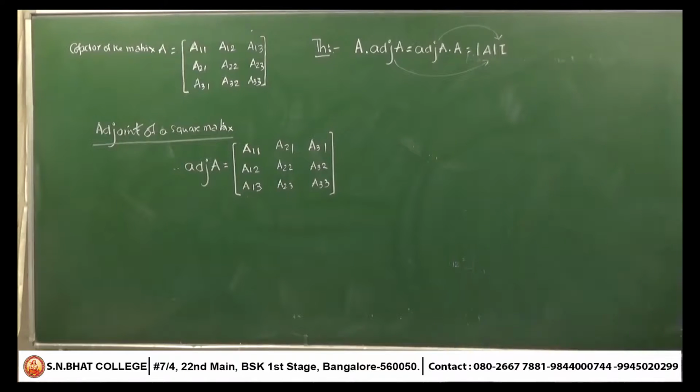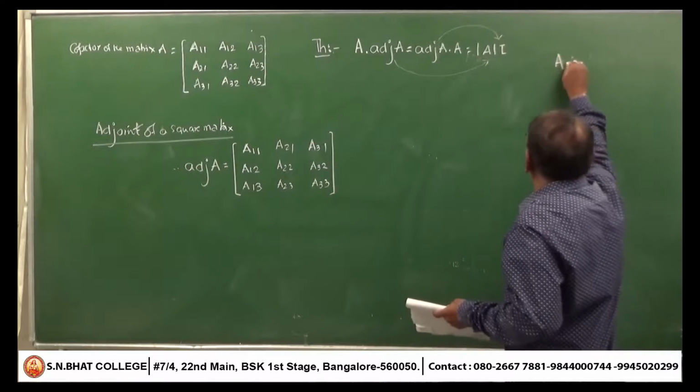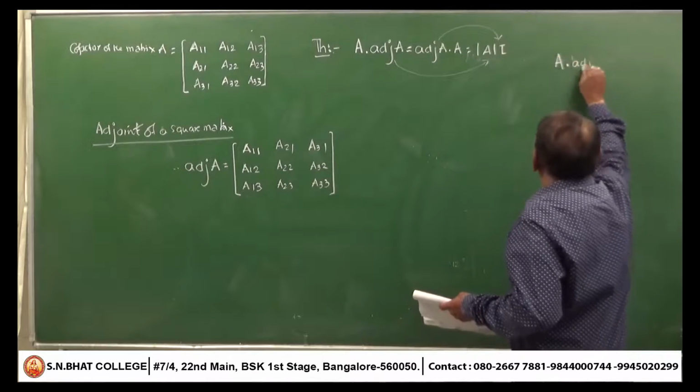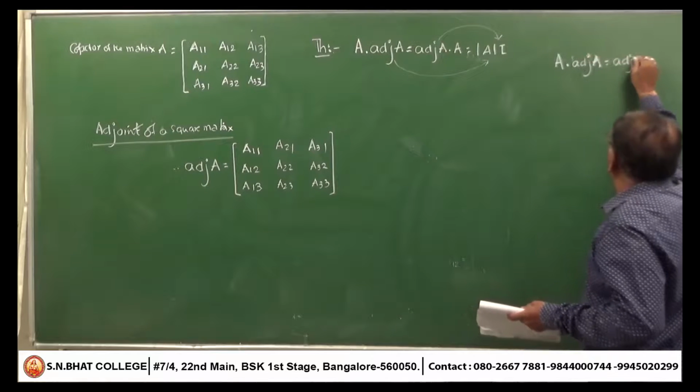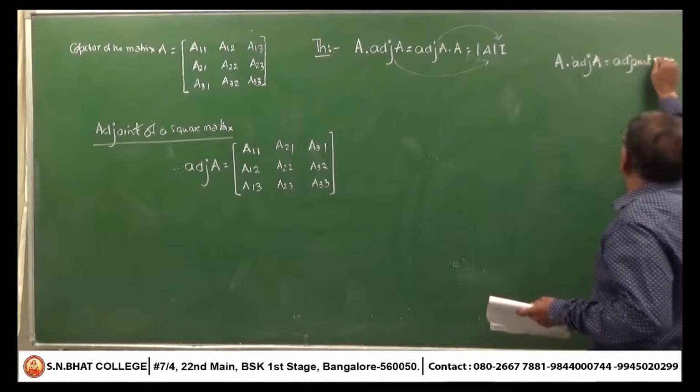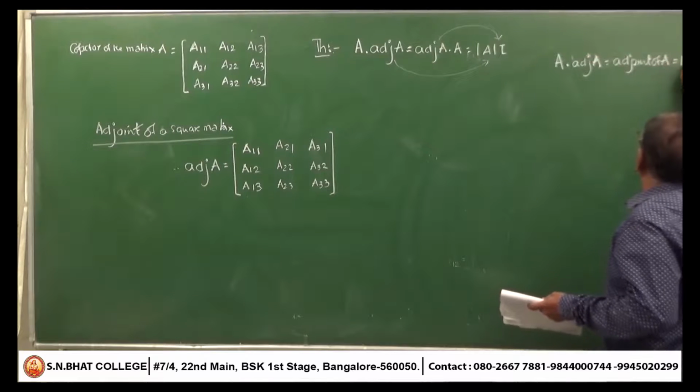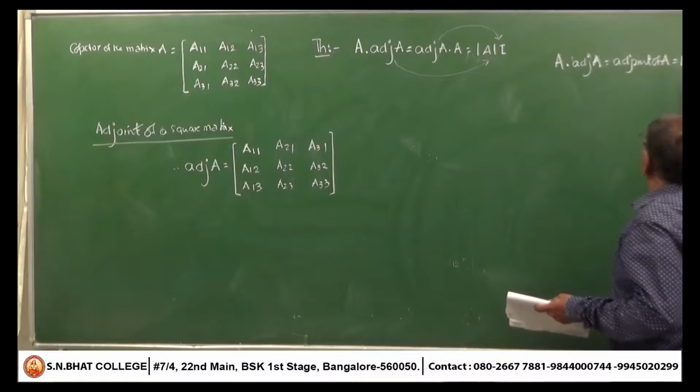Proof is not important. Take the problem: verify that A into adjoint of A is equal to adjoint of A into A, which is equal to determinant of A into I.